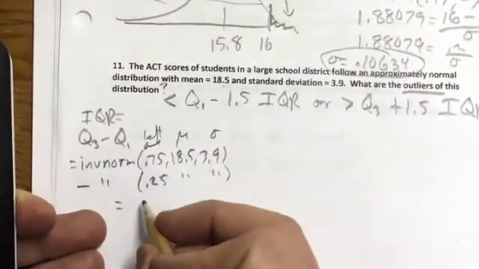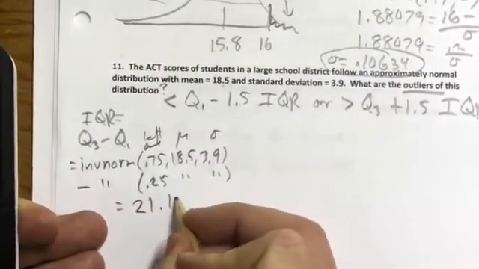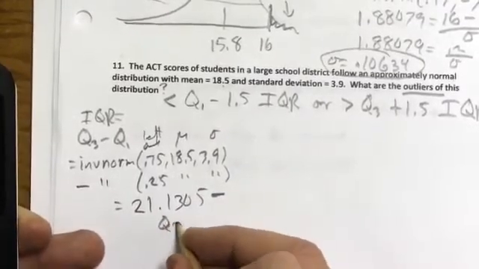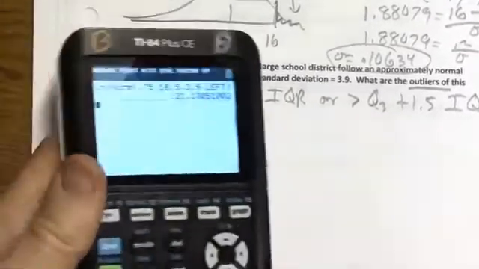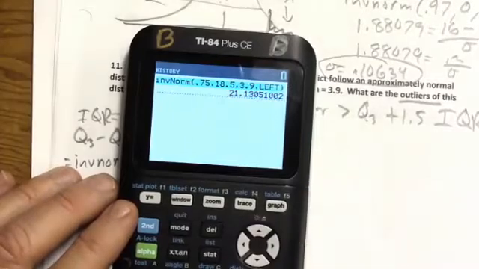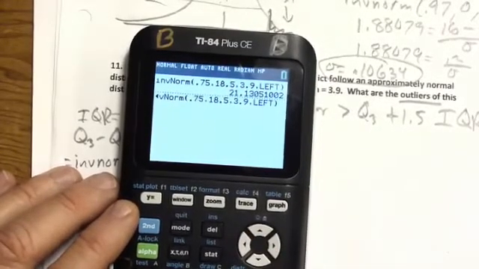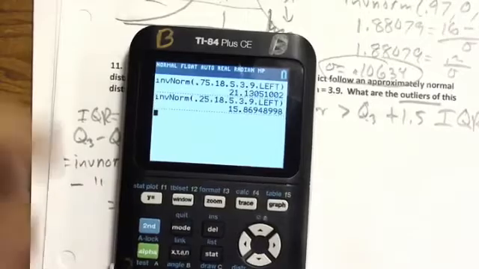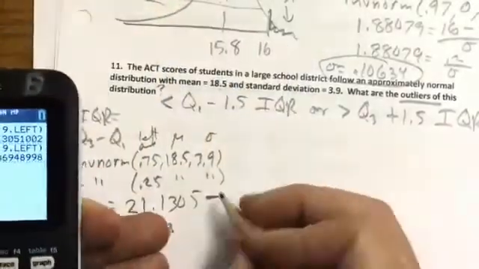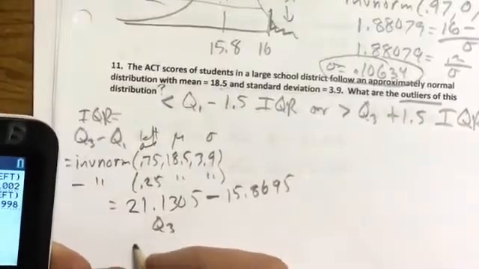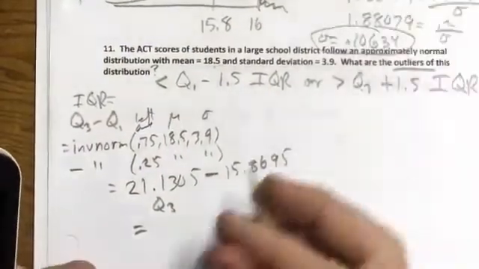So Q3 is 21.1305, and I'm going to label that as Q3. Okay, so for Q1, I'll just go up and change this to 0.25. That'll be the first quartile, or the lower quartile, 15.8695. So let's subtract these two numbers and get our IQR.